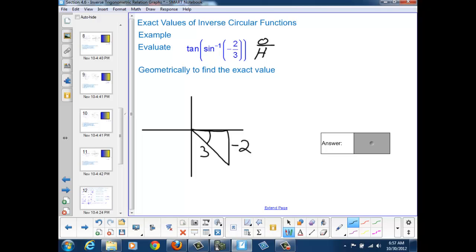Now, once I have the reference triangle, I need to find the tangent for that reference triangle. So there I need to determine what this adjacent side is going to be by the Pythagorean Theorem.